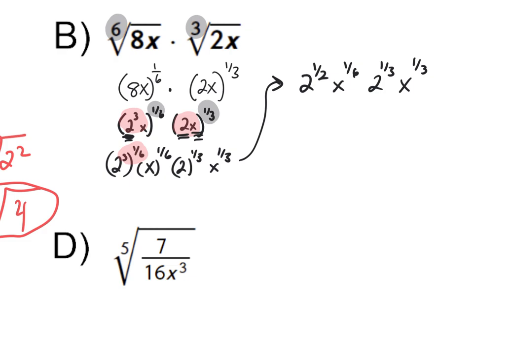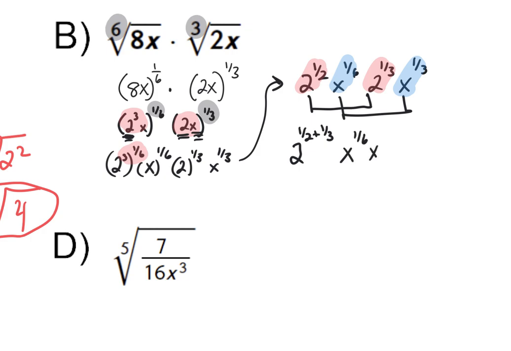Now we have some like bases here. When the bases are the same, the product of a power, right? We have a rule for that. I can combine those 2's because they're the same base by adding the exponents together. And I can combine the x's because they have the same base by adding those exponents together.